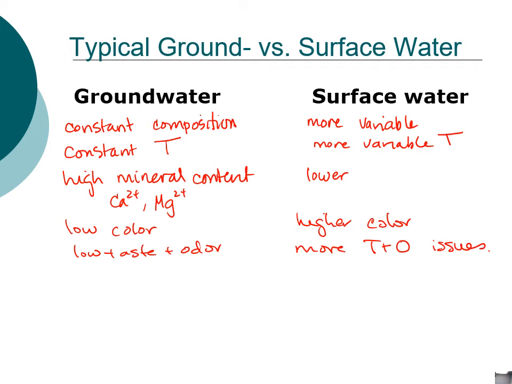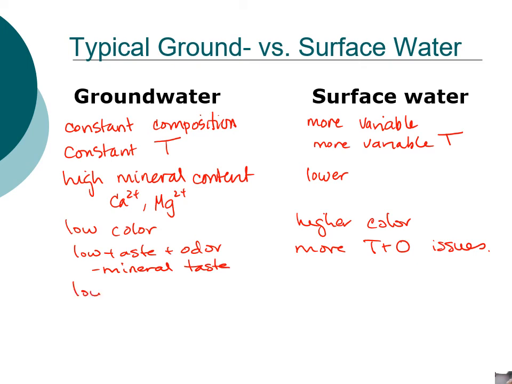That's especially true in late summer if you have algae blooms, because the algae give off various chemicals and you get kind of this musty odor from the surface water. On the other hand, if you have a high mineral content, you can have a mineral taste to that water.